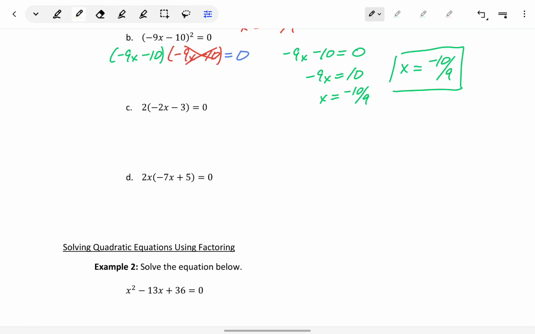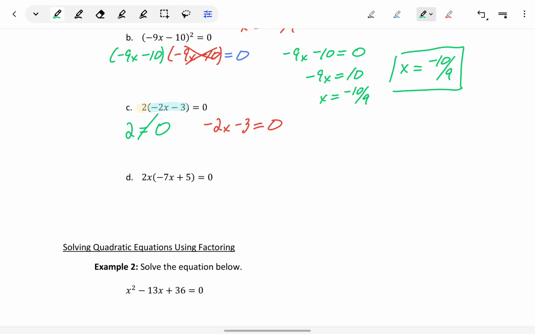In part C, we again have two factors being multiplied together. The first one is 2, and the second one is the expression negative 2x minus 3. So we'll take each of those factors, set equal to 0, and solve for x. The first expression gives us 2 is equal to 0, which is never true. There's nothing to solve. There's no variable.